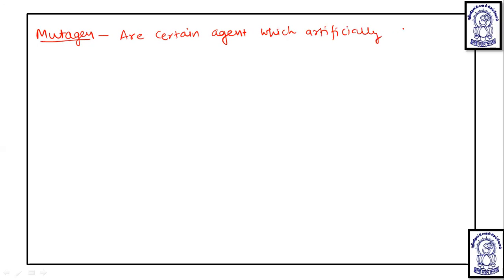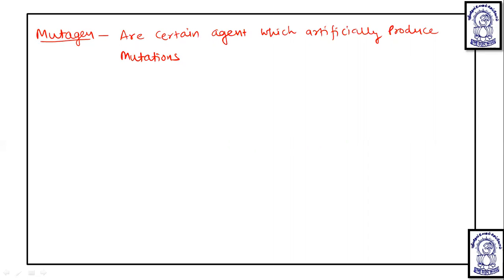Mutagens are certain agents which cause or which artificially produce certain mutations.